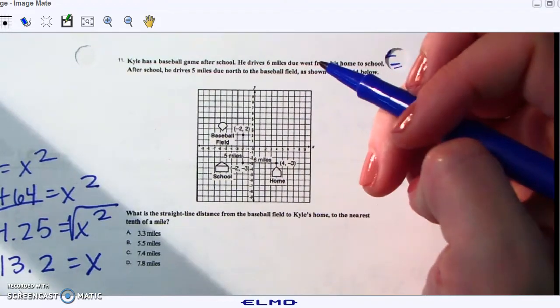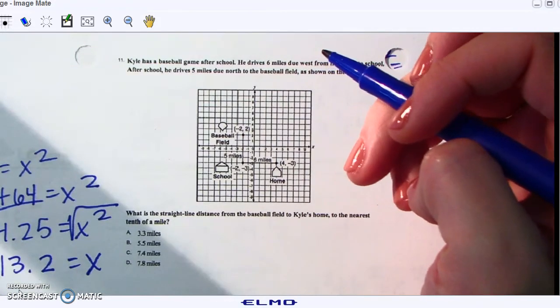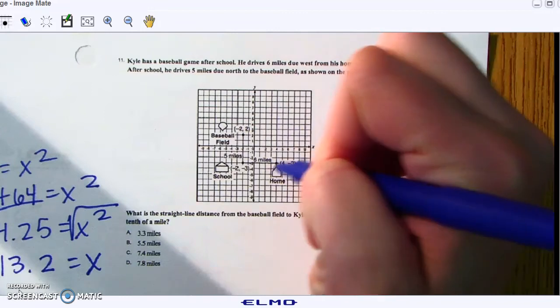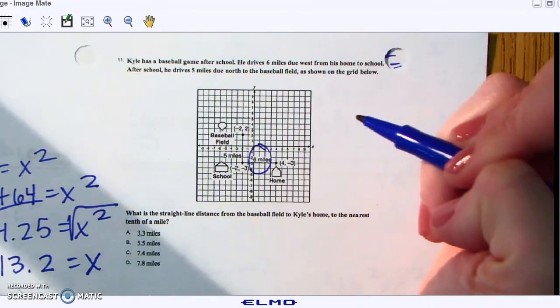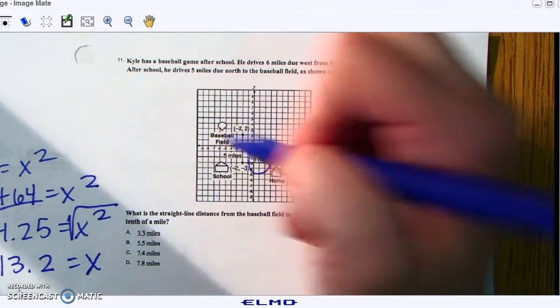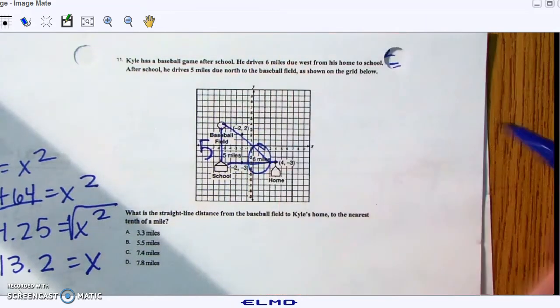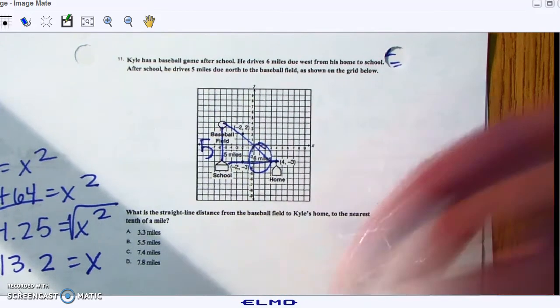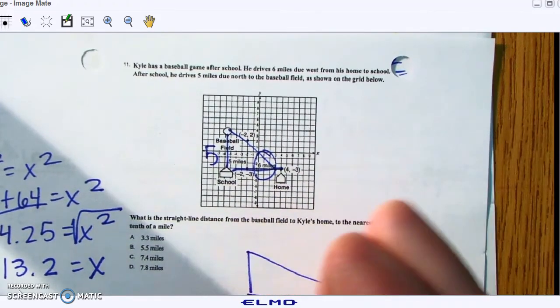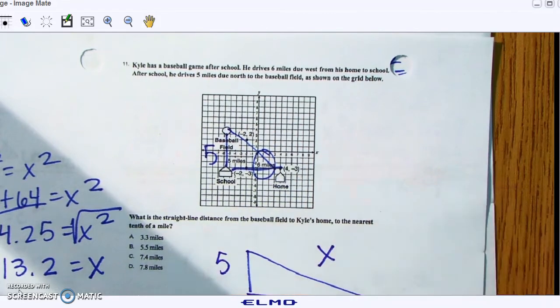So Kyle has a baseball game. He drives 6 miles west from home to school. So this is 6 miles. And then he drives 5 miles north to the baseball field. So that's 5. And we want to know, how does he get home, basically. So I have this triangle, 6, 5, and x.